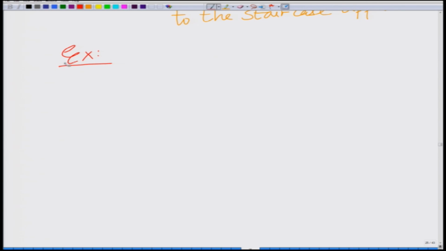For example, if we have a signal that is rising very rapidly, but my staircase approximation, because we have a small delta, is never able to catch up.